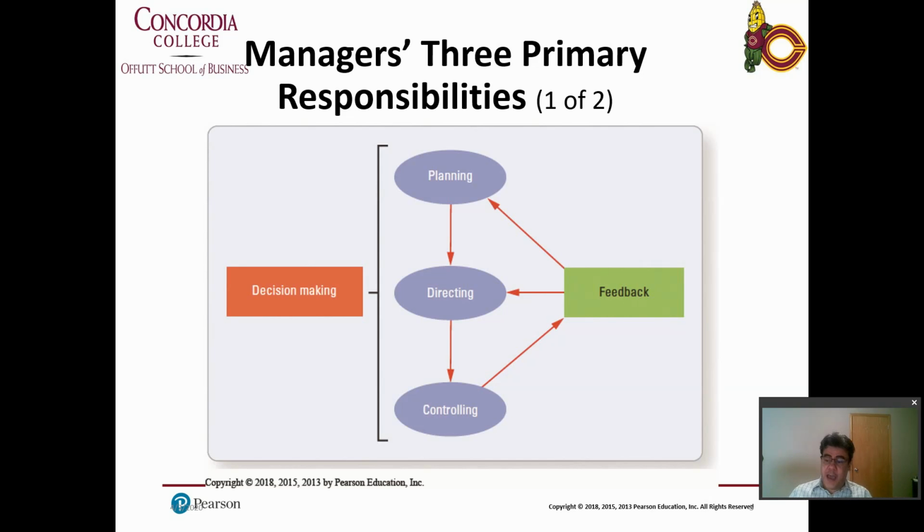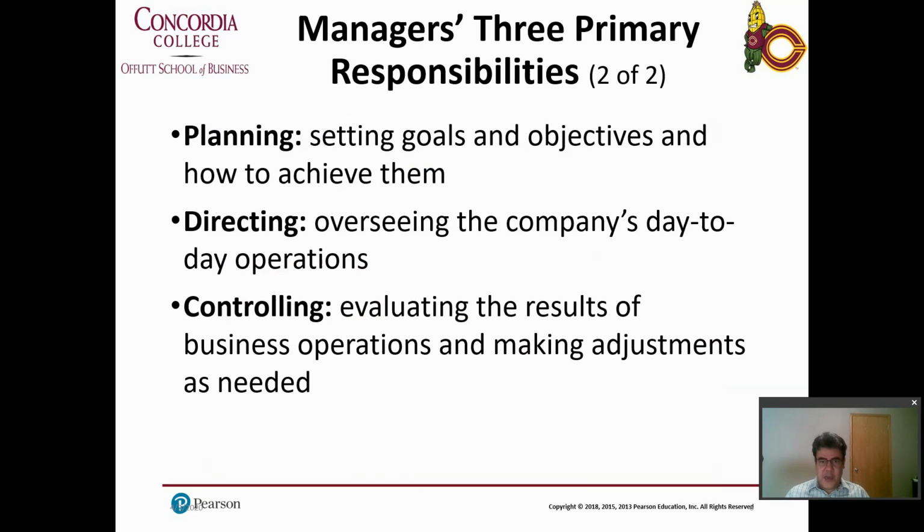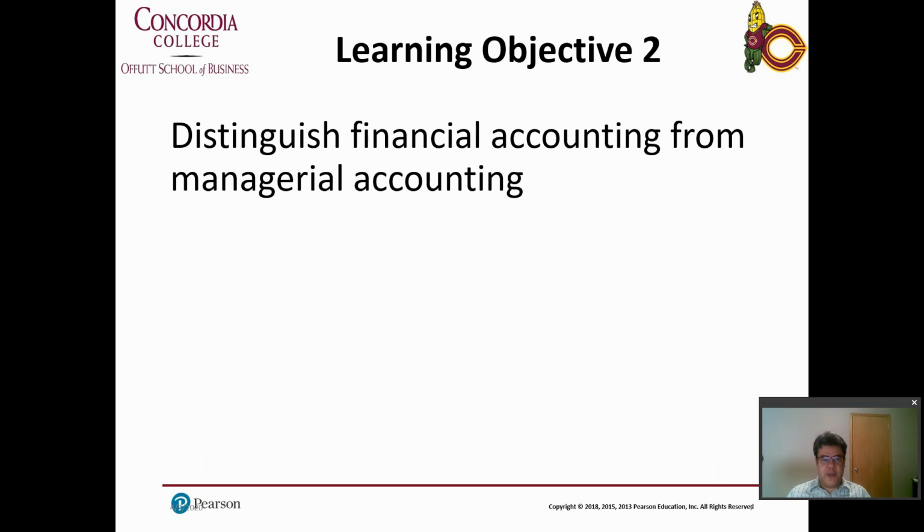So we are 5 short, or as we will see in chapter 11, 5 unfavorable. And then why? It is because of bad planning or bad directing. Let's see how we can solve it. So this is our responsibilities and how it works. Here, our three primary responsibilities.